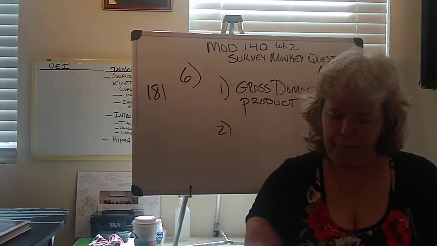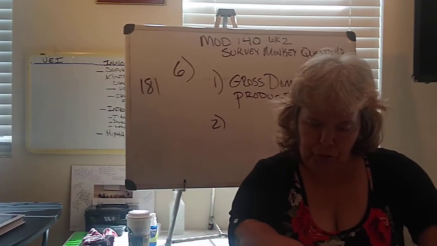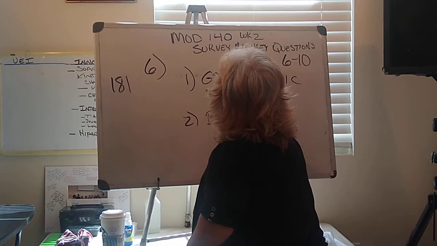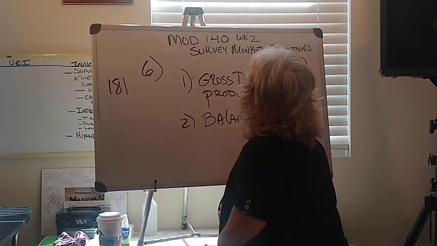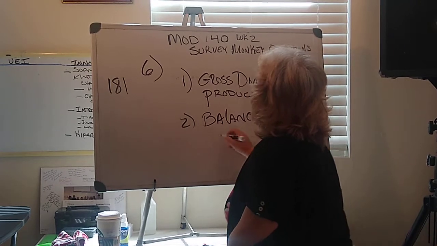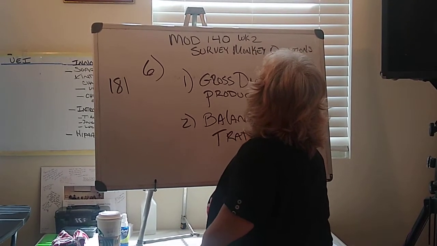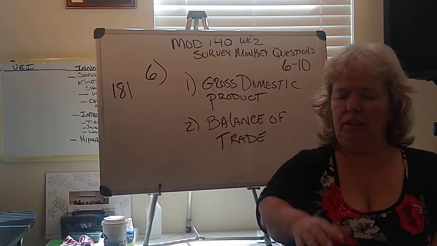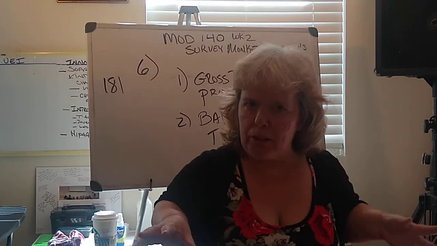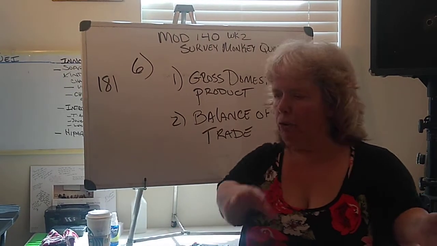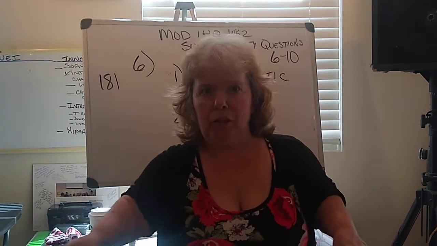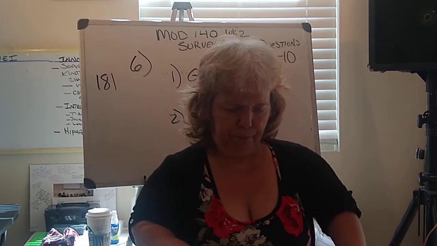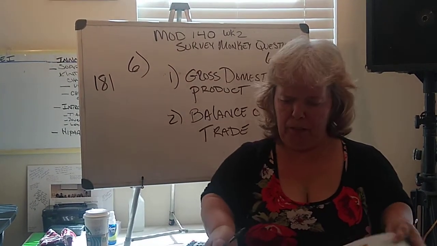And then number 2 would be the balance of trade with other nations in the world. Does the United States have a monopoly on this particular industry? Or are they crowding out other smaller countries in this particular industry? What is that balance of trade? Those are the two perspectives. All right.